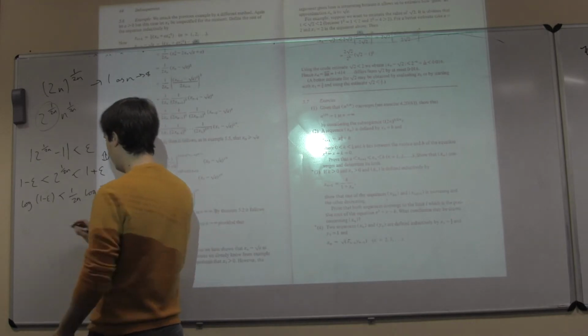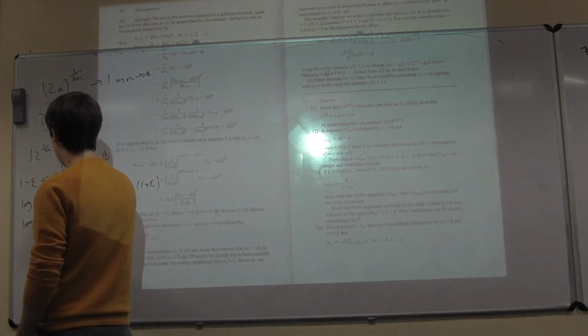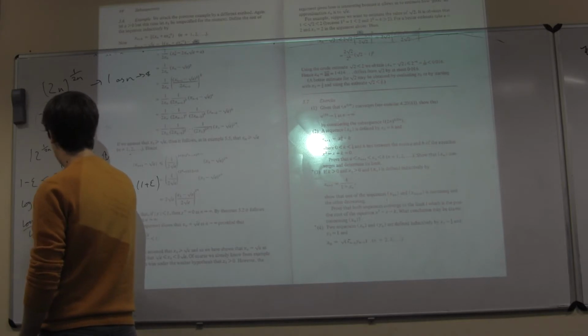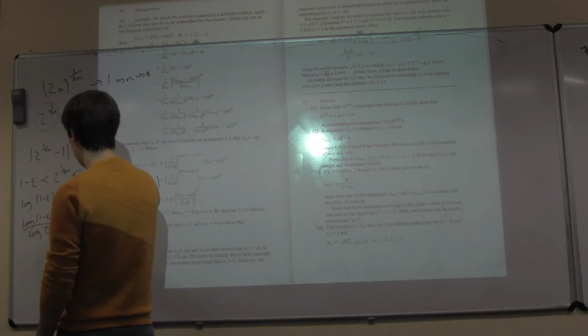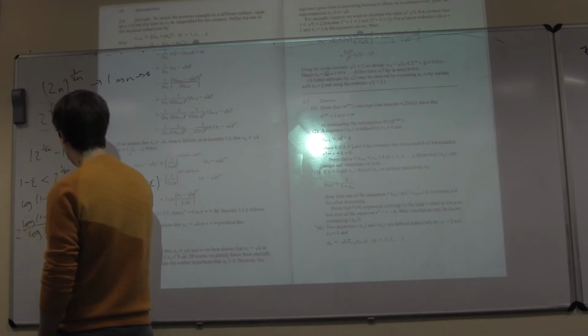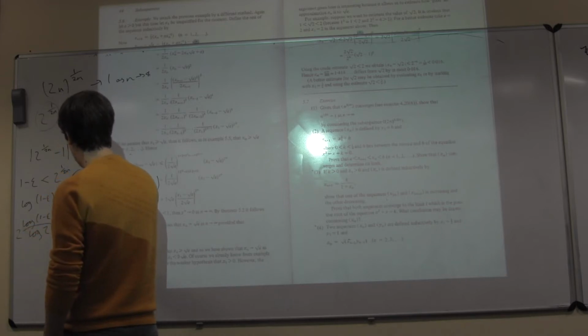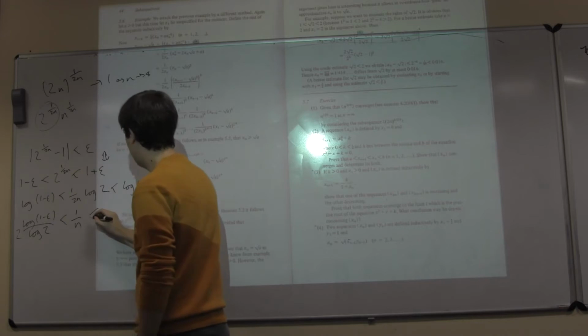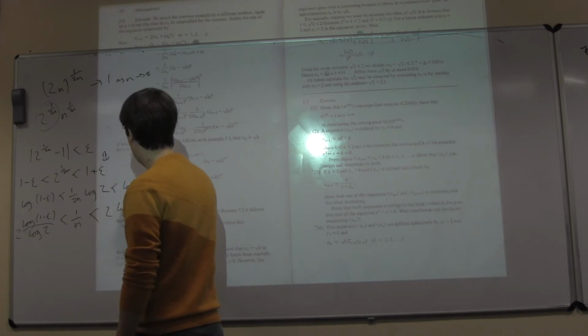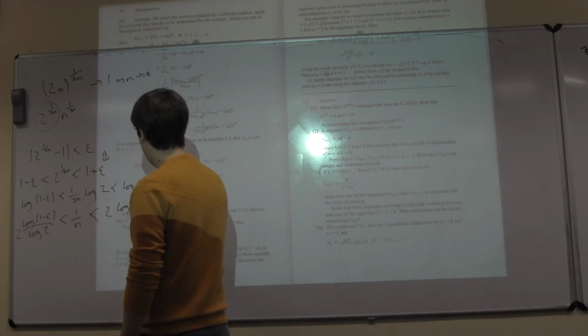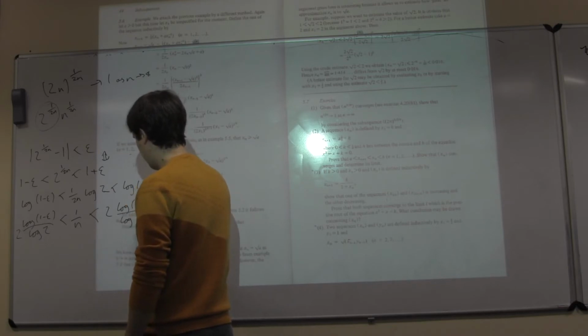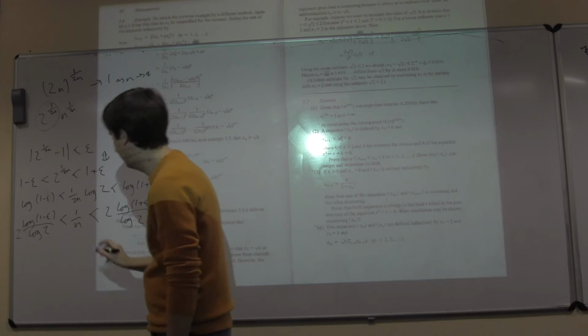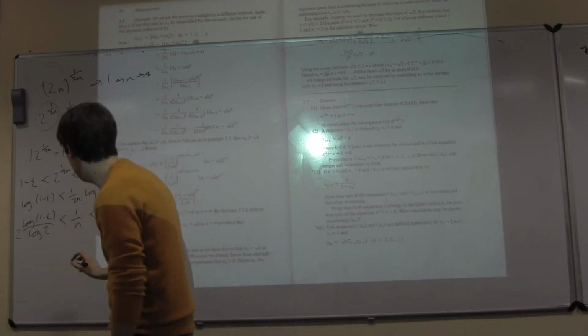Then we can divide by log 2, and multiply by 2 at the same time. So 2 log(1 minus epsilon) over log 2 is less than 1 over n is less than 2 log(1 plus epsilon) over log 2. Again, these are all if and only ifs.